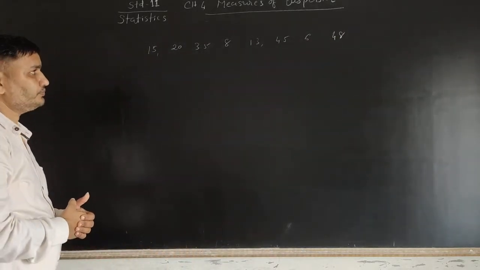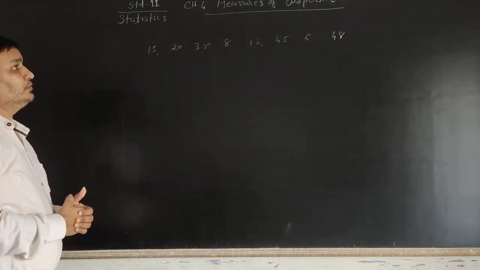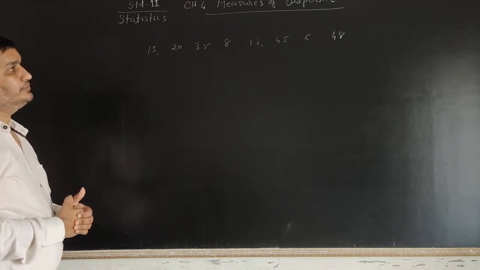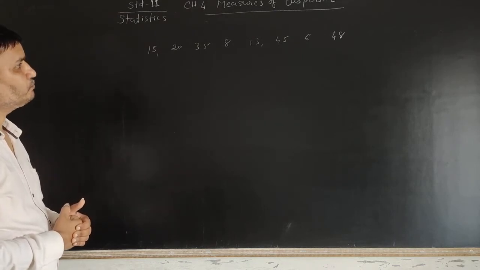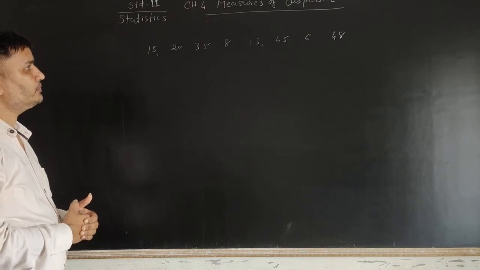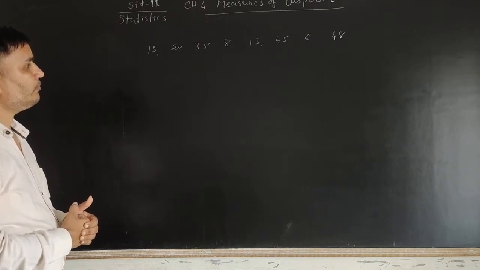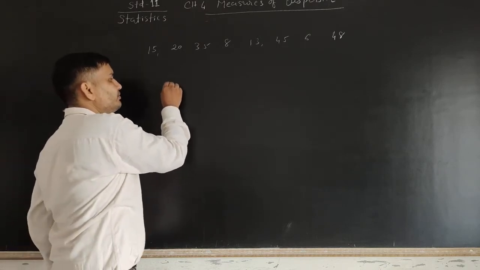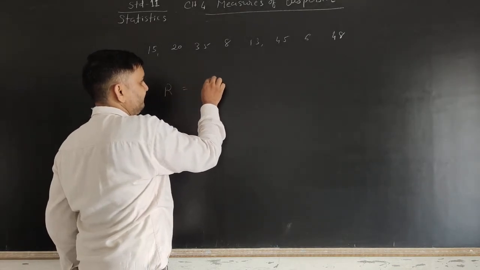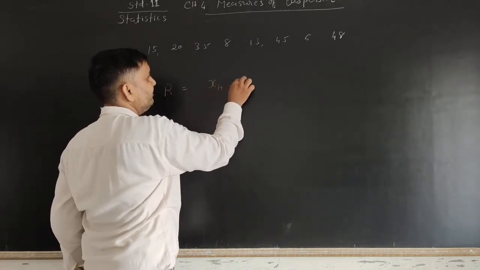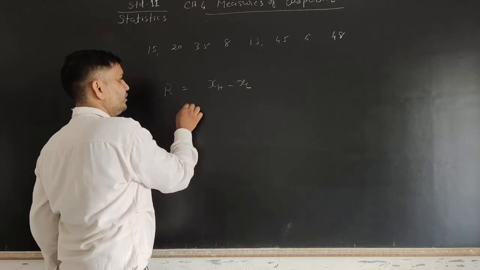To find the range, R is equal to XH minus XL.